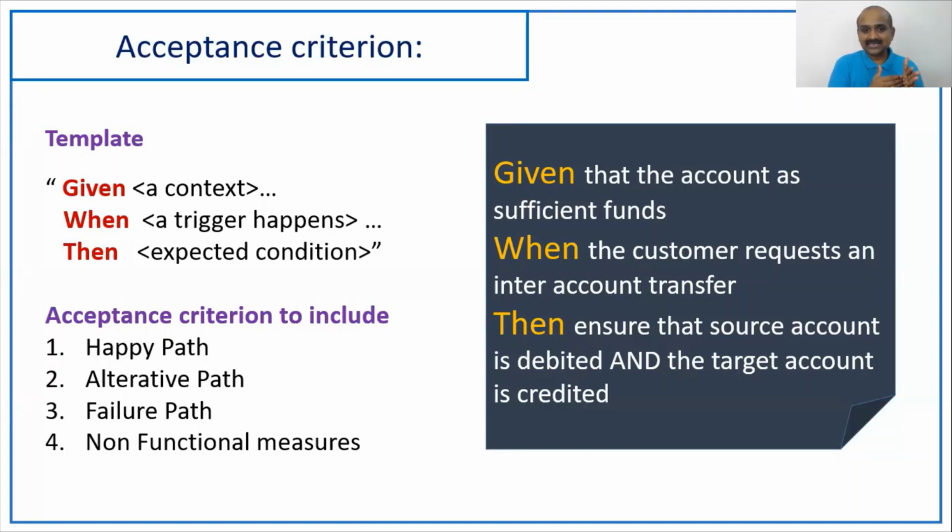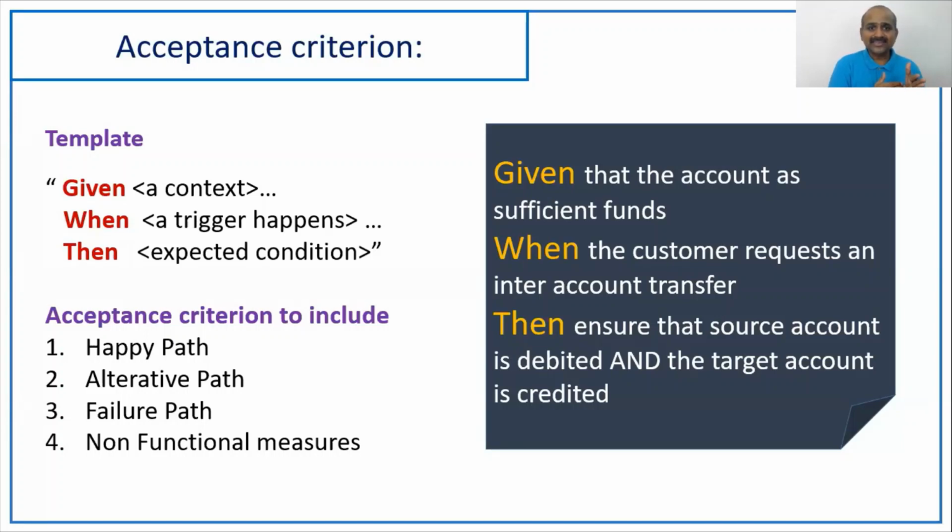So the acceptance criteria is: given a context. For example, in the example that I've talked about: given that the account has sufficient funds, when the customer requests an inter-account transfer, then ensure the source account is debited and the target account is credited.